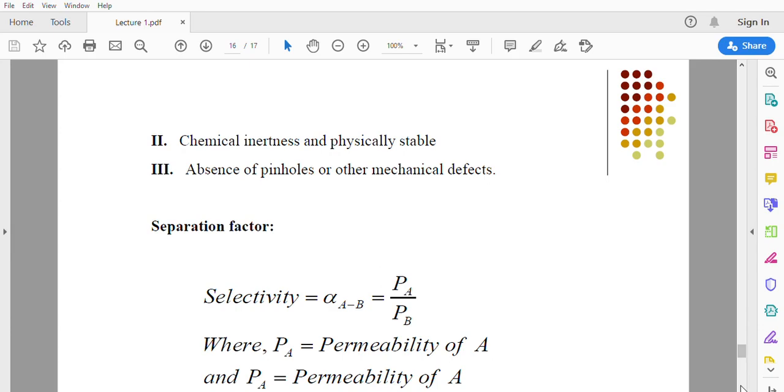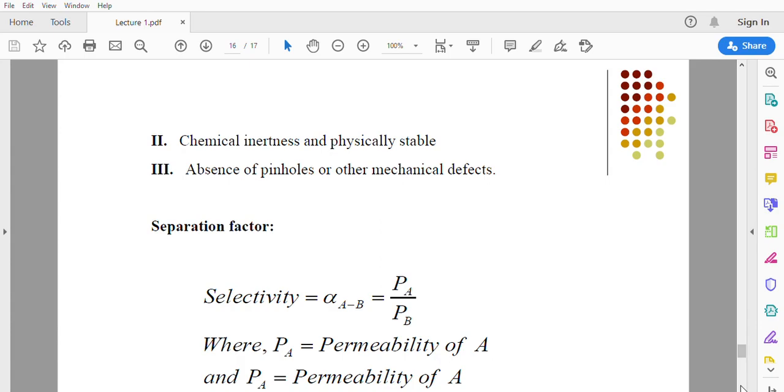Now the second thing is the absence of pinholes or other mechanical defects. When you prepare the membrane, you should be cautious that it does not contain any pinholes. Pinholes means there are some large pores in the membrane.